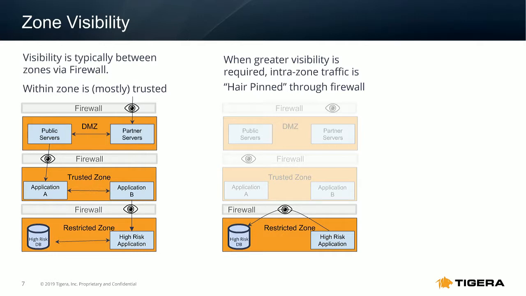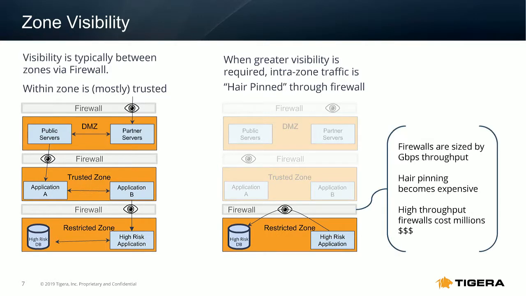East-west traffic can use something called hairpinning through the firewall, where all connections that are moving from one workload to another, some asset which is in the restricted zone, are all passed through the firewall.